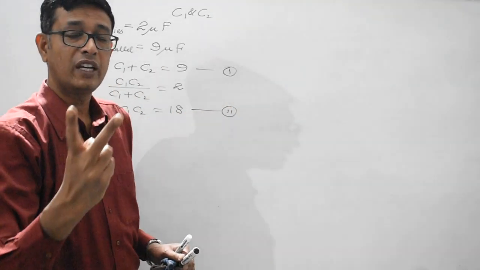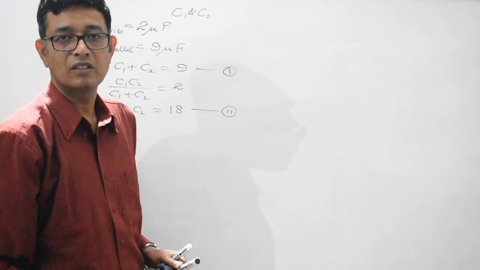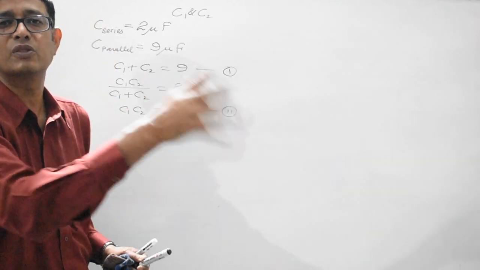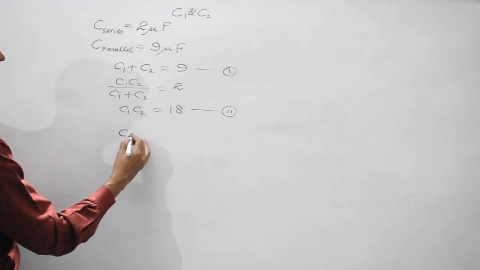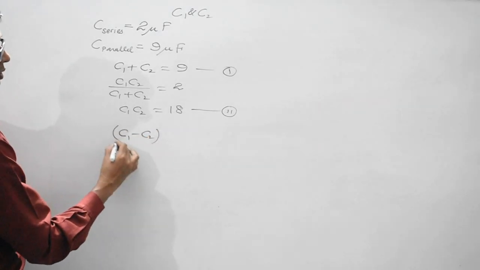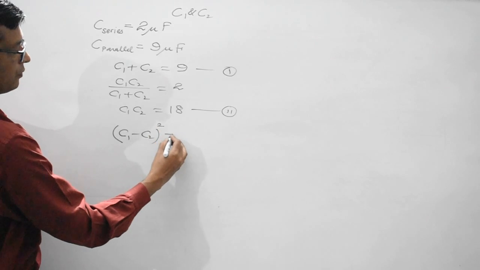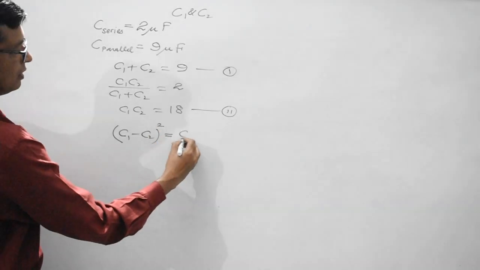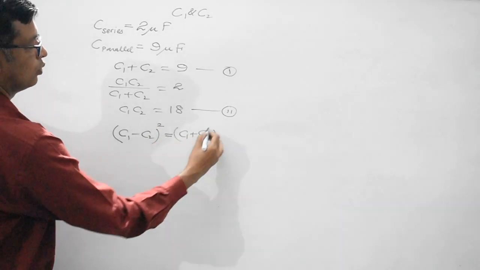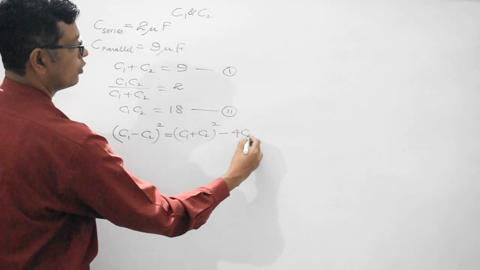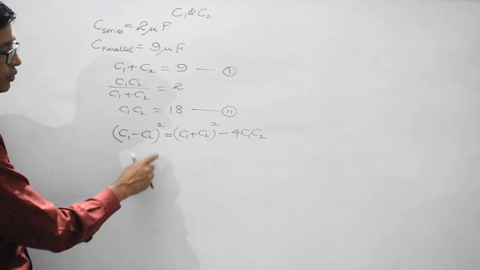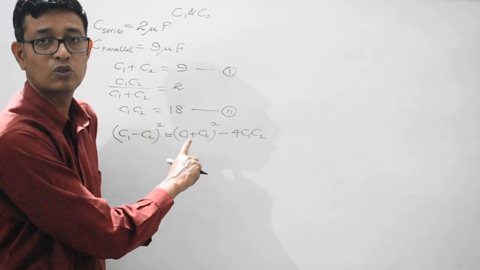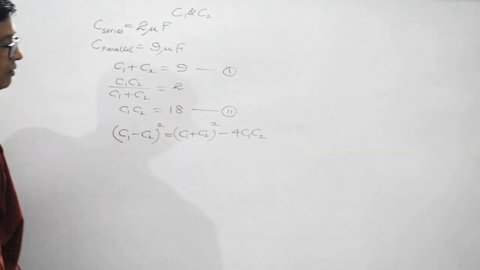Now we have got two variables C1, C2 and two equations. Now it can be solved in various methods, right? One of the methods is, you can write C1 minus C2 whole square. It may be written as C1 plus C2 whole square minus 4 C1 C2. This is another form. A minus B whole square is equal to A plus B whole square minus 4AB, right?